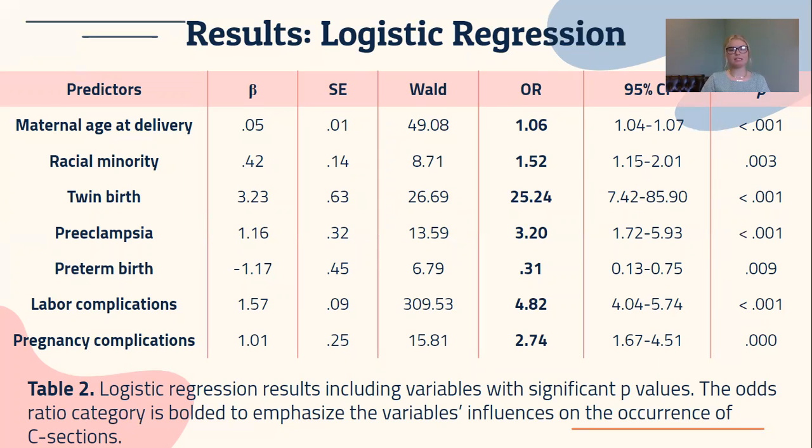And of these 7, 6 of them indicated that patients were more likely to have a C-section. And if you look at preterm birth in the first column, the beta value is negative. And this shows that preterm birth actually had a 0.3 times less likely chance of delivering via C-section.